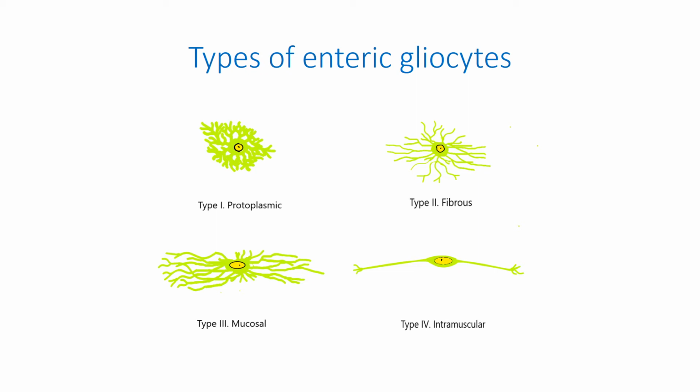Subepithelial glia with several long branch processes could be classed as mucosal or type 3 enteric glia sites, and the elongated glia running with nerve fibers in the musculature as intramuscular or type 4 enteric glia sites. However, unfortunately, the generally accepted classification of enteric glia sites has not been developed yet.